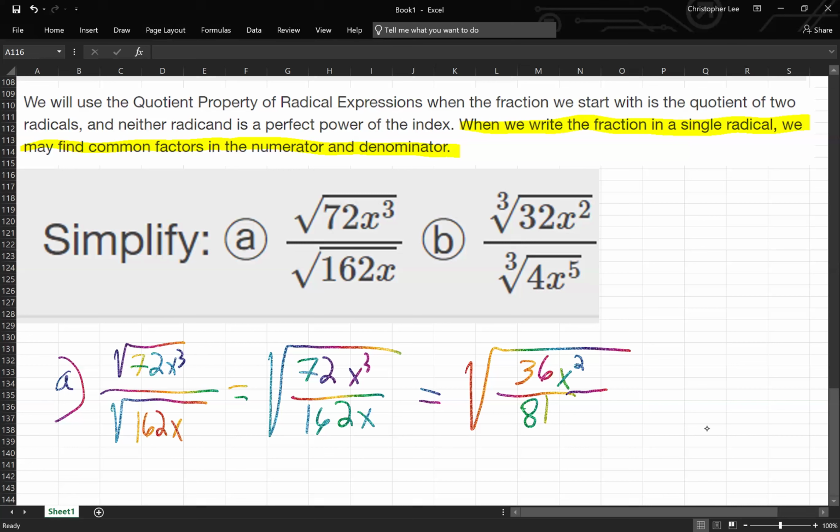Let's look at those perfect squares. So the square root of 36x squared and the square root of 81. When we take the square roots, the square root of 36x squared is very simply just 6x, over the square root of 81, which is 9.